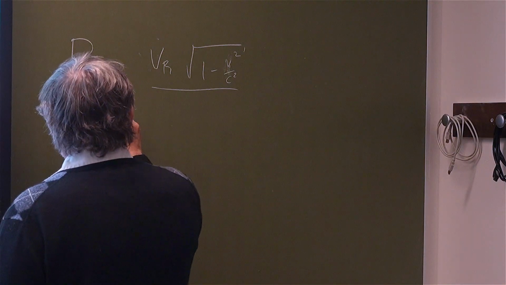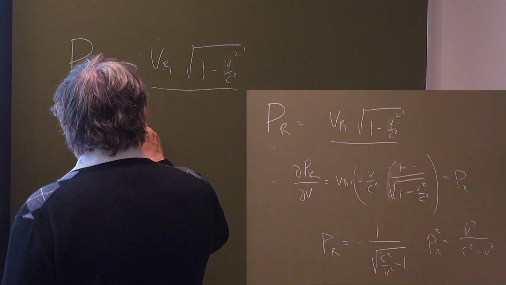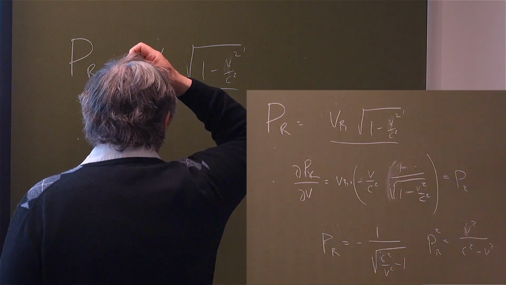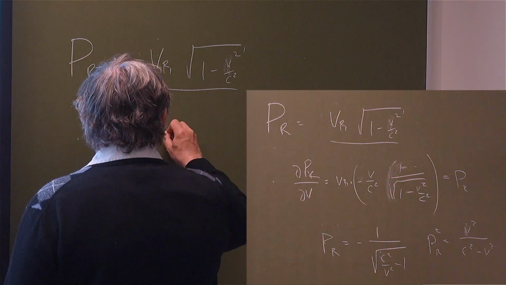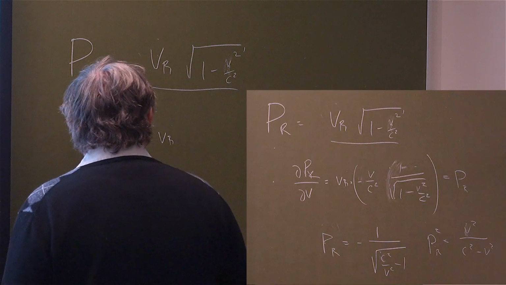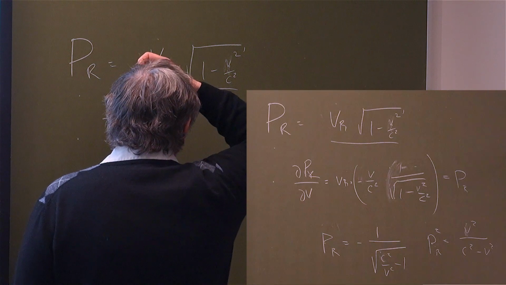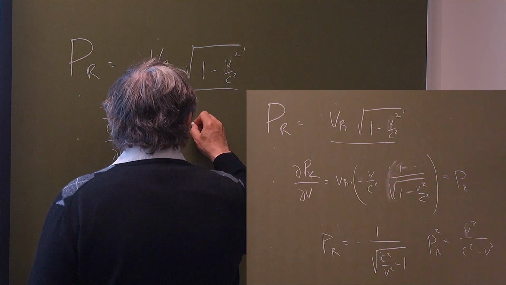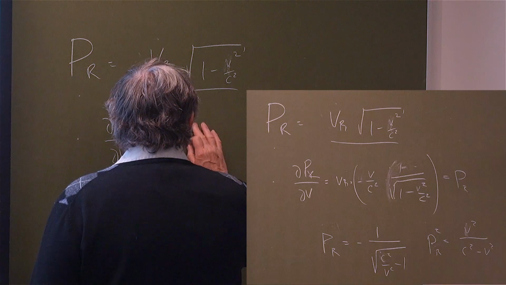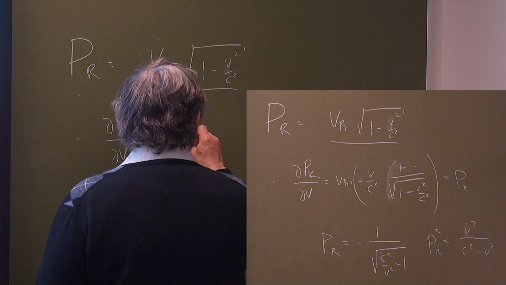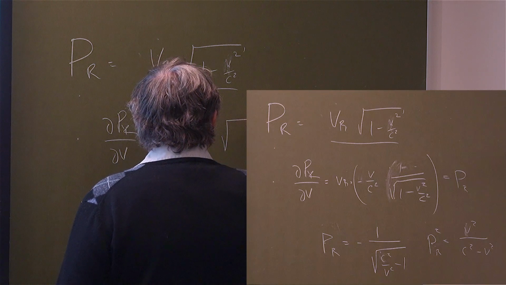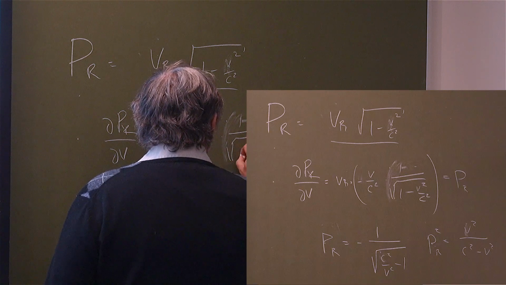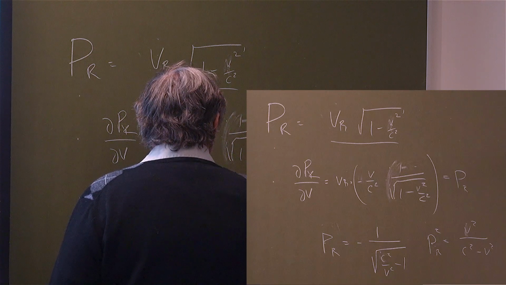And so compute dPR/dv. It is V divided by c squared with a minus sign, and then 1 over the square root of 1 minus v squared over c squared, right?